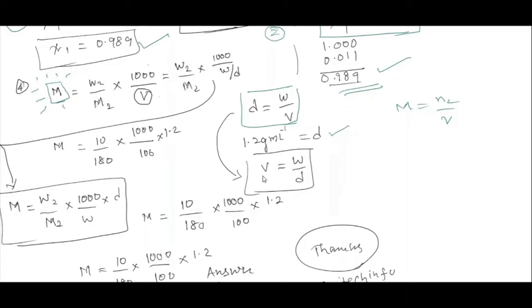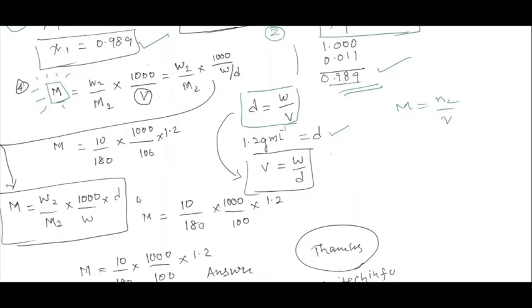And what is the weight of the solution, just a minute, let us come back here. M is equal to W2 by M2, so we can replace this, is it not? For instance, this is D. So we want to have the volume of the solution. So in that case, W by D. You can bring it like this. So you can substitute this one by this.